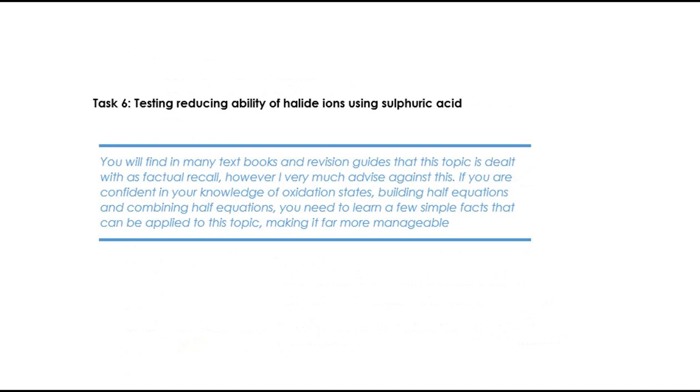I'm going to approach this in a way that utilises the skills and knowledge that you've developed in the rules of redox, in determining oxidation states, building half equations, combining half equations. And so I want you to bear that in mind as we're going through. The videos are available to go back through that topic if that's something that you feel that you would benefit from.